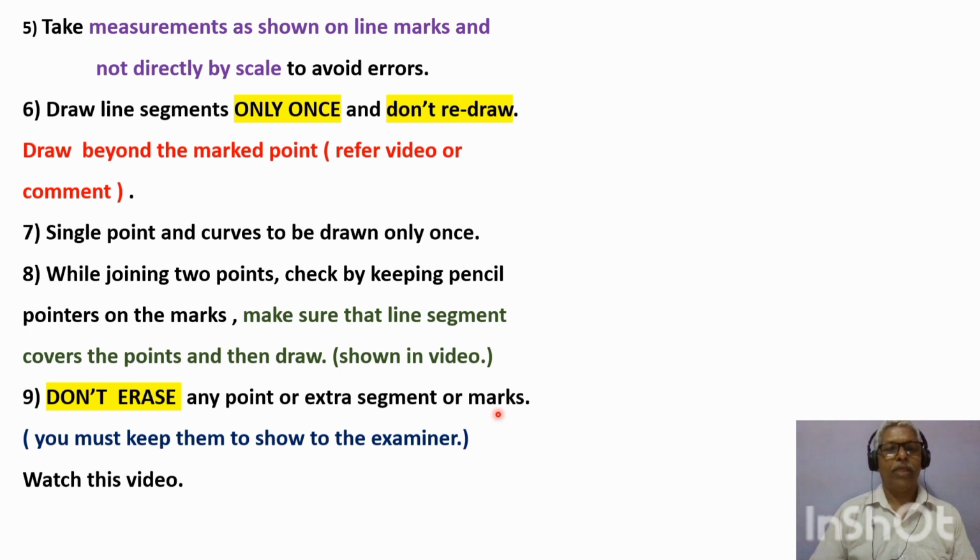From the point of view of construction, this is very important. You must keep them to show to the examiner. Watch this video. If a mark is there, you are not supposed to erase anything. We will watch the video, and if you still face a difficulty, write to me in the comment section and I will solve it.